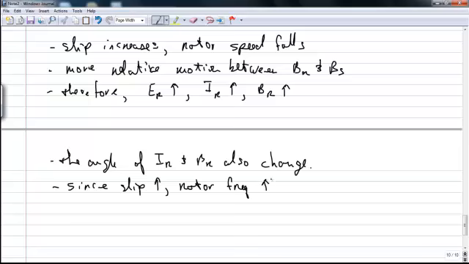When the rotor frequency increases, the reactance associated with the inductor increases, because it's a function of frequency. And since the reactance increases, the current in the rotor will lag further behind the rotor voltage.